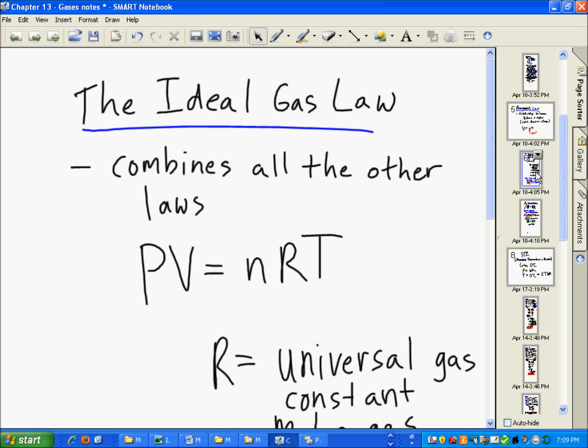The other thing is that we assume that we can freely contract and freely expand the gas. And the consequence of that is that there's an assumption that the gases don't have any volume. Because if they had volume, if you put pressure on them so that they start bouncing off each other, they're going to resist the increase in pressure, and that will change the effect of pressure on volume.